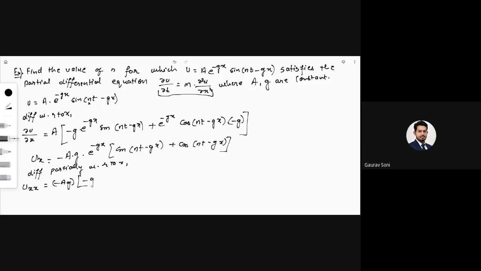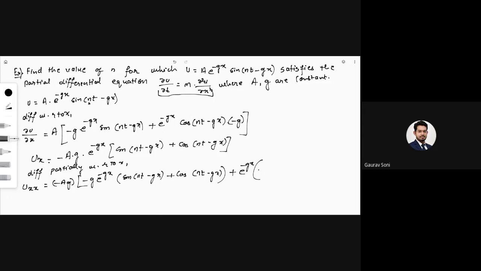Again minus g e to the power minus gx as it is, and in bracket this as it is, sine of nt minus gx plus cos of nt minus gx, plus e to the power minus gx as it is, and derivative of this sine will become cos.